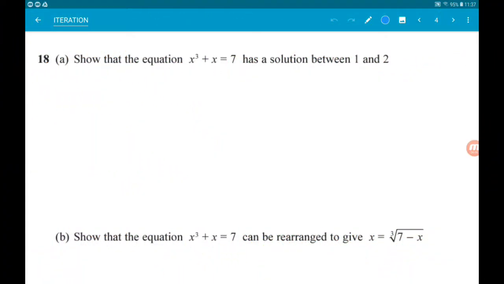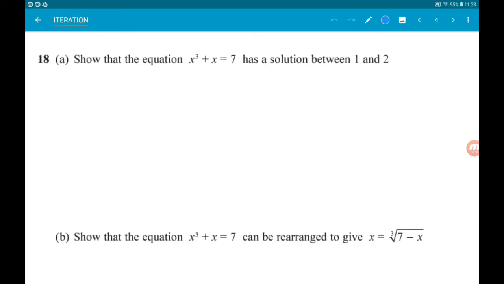Okay, next up, for part A, we want to show that the equation x cubed add x is equal to 7 has a solution between 1 and 2. So that means there should be a value somewhere between x equals 1 and x equals 2 such that x cubed add x is equal to 7.